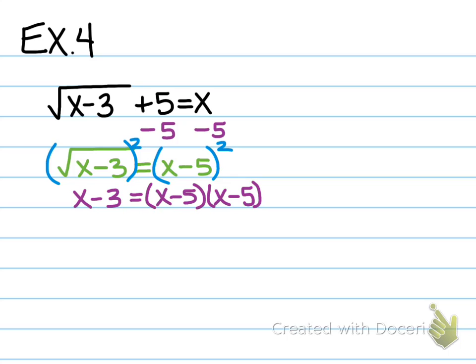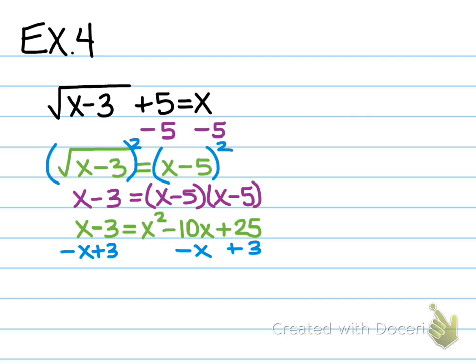So I need to FOIL this out. On the left, it's going to stay x minus 3. When I FOIL this out, first, outside, inside, last, and I combine like terms, it turns out to be x squared minus 10x plus 25. Well, now I need to move everything to one side. Anytime you have a quadratic equation, you need to move everything to one side to solve.